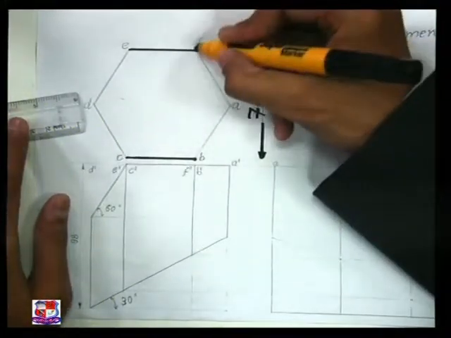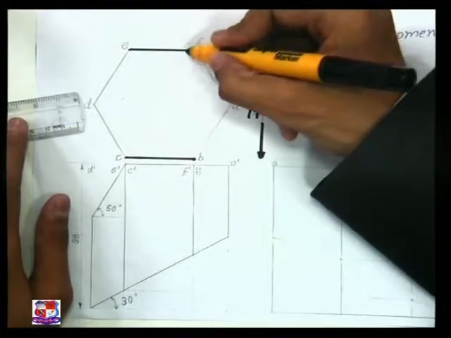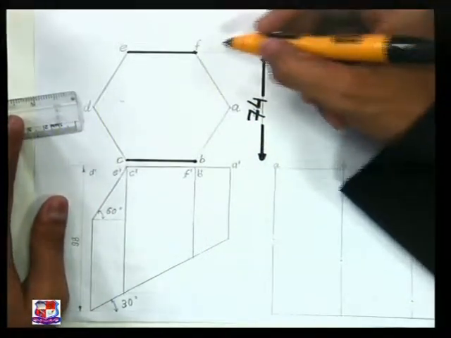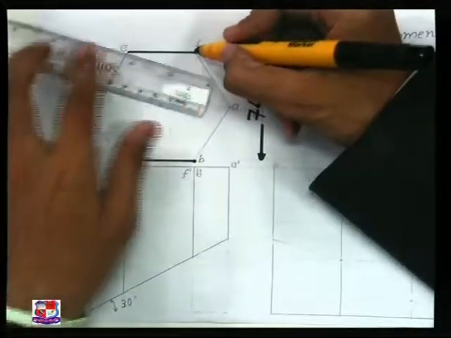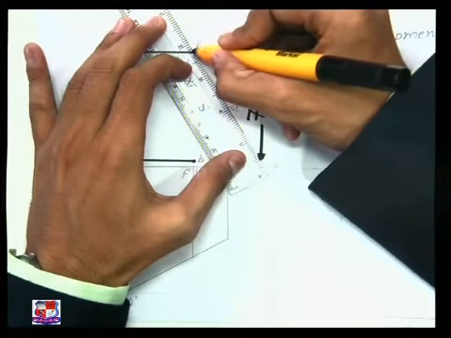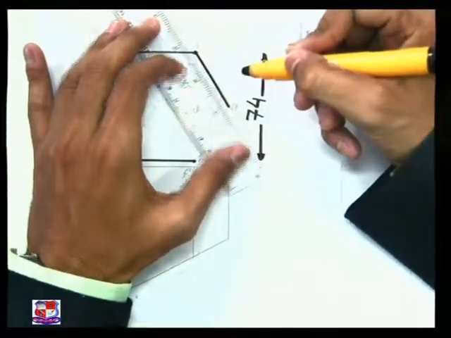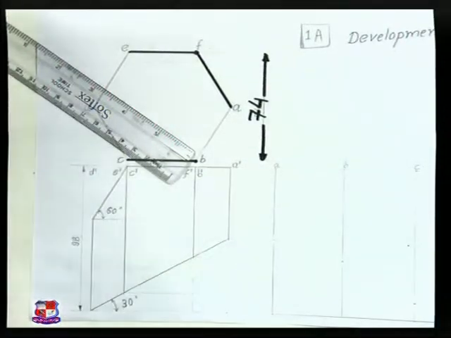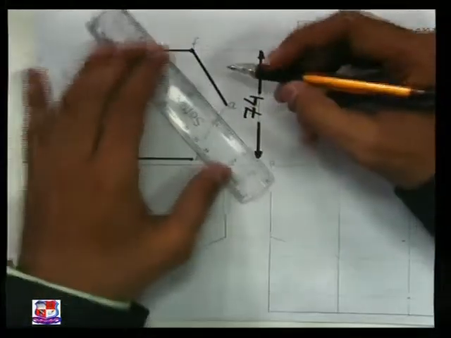Now from this point, as we know, the included angle in case of a hexagon is 120 degrees. So draw a line like this which makes an angle of 120 degrees with this line. So that would be like this. We draw a light line. From this point the line may be extended like this.